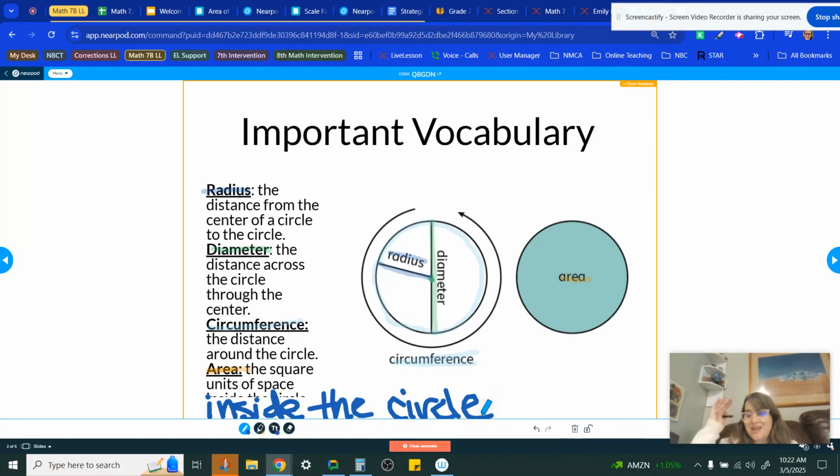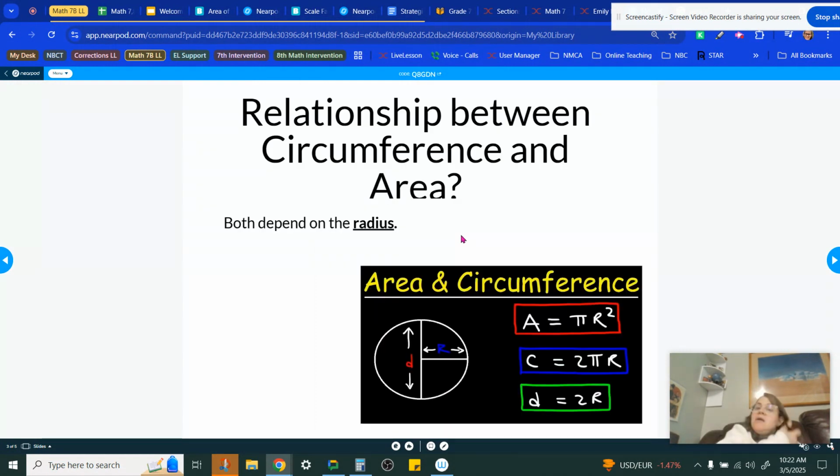These words should be in your notebook. If you don't have a notebook, just buy a composition book or a notebook the next time you're at the store. All right, so one of the things this lesson is supposed to be about, which they don't emphasize all that much, is the relationship between the circumference and the area.